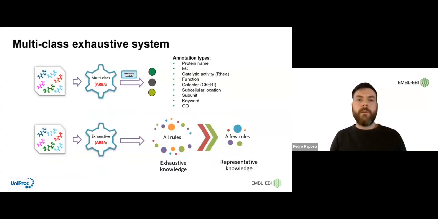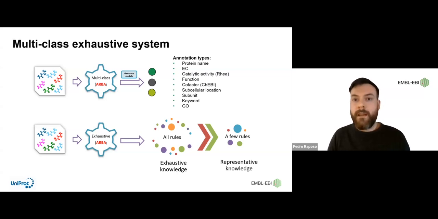So ARBA is called a multiple class predictor system. Simply, it means that it generates a model for all annotations we have previously mentioned. ARBA collects exhaustive knowledge that is available to all data and selects only the rules that satisfy the statistical confidence criteria, which is 95%.